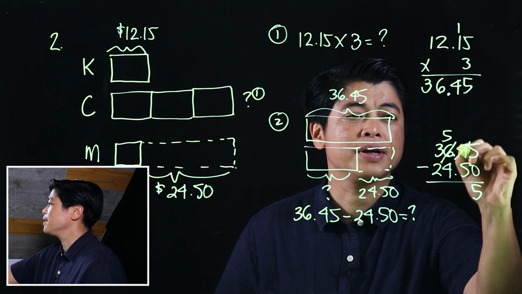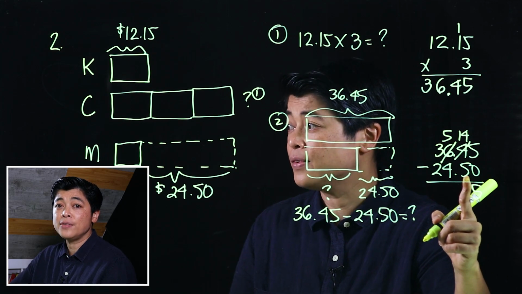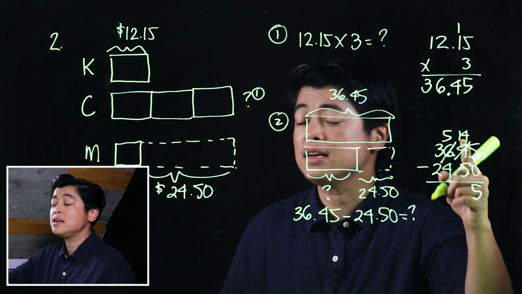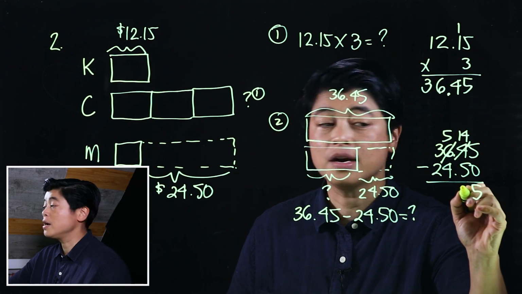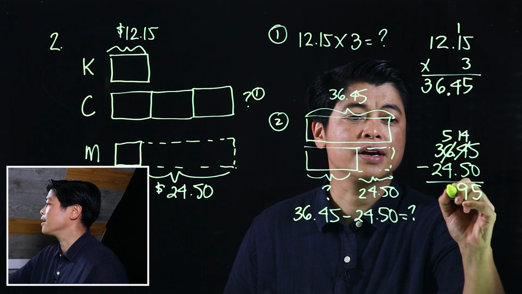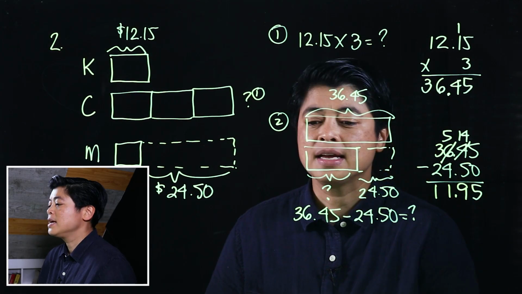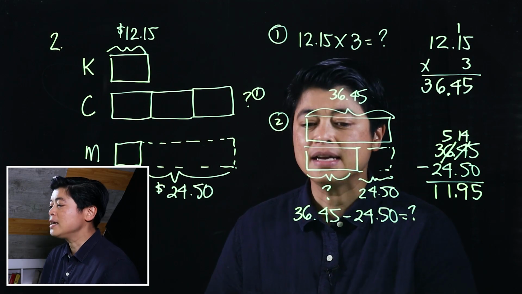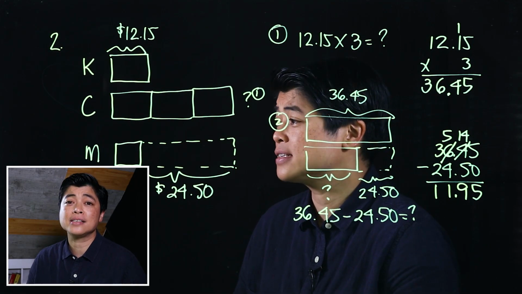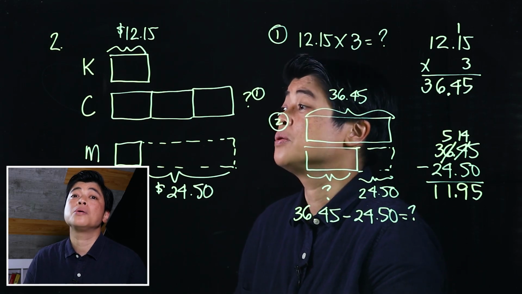That's a 4. We regroup. That's a 14. Start with a 5. We need 5 more to get to 10, but we need to get to 14, so that's another 4, making it 9. Then 5 minus 4 is 1 and 1. So Mia saved $11.95.